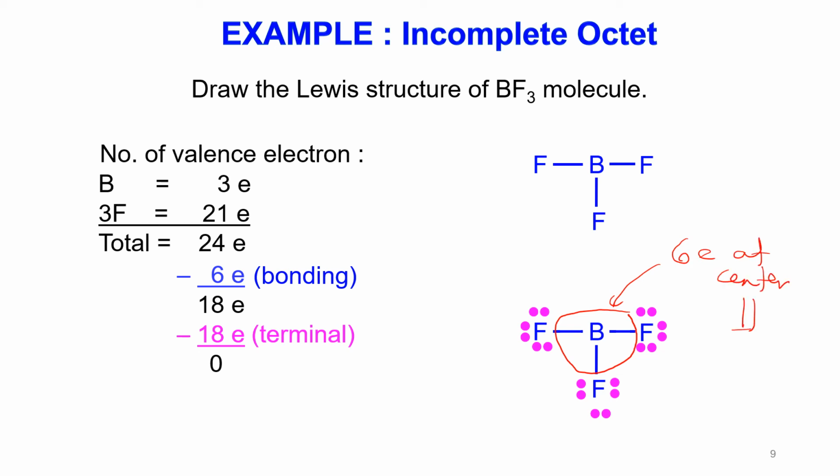This is called incomplete octet, less than 8 electrons.